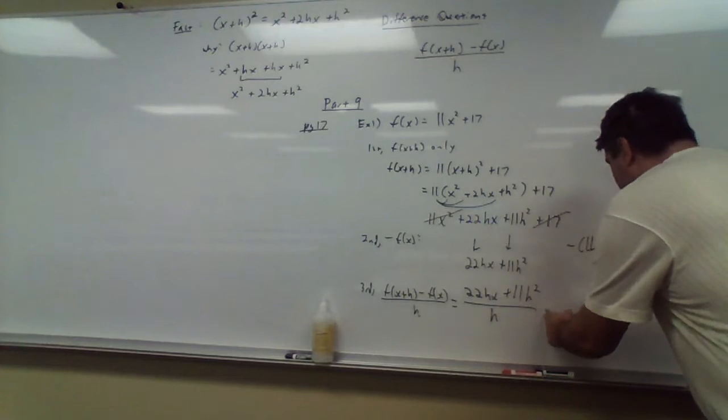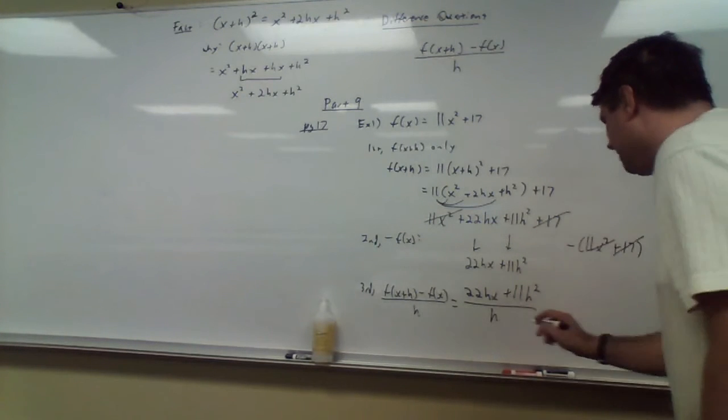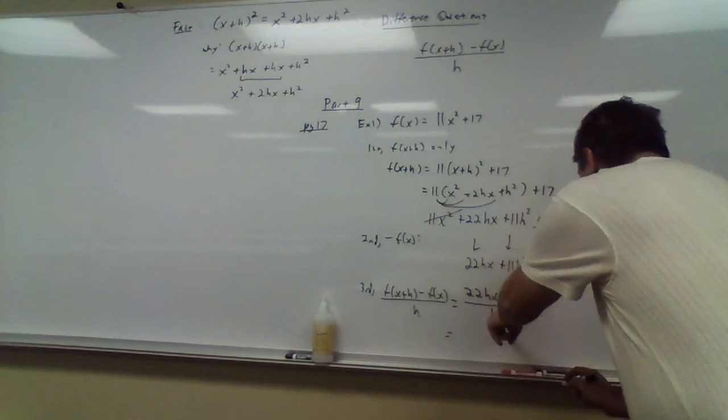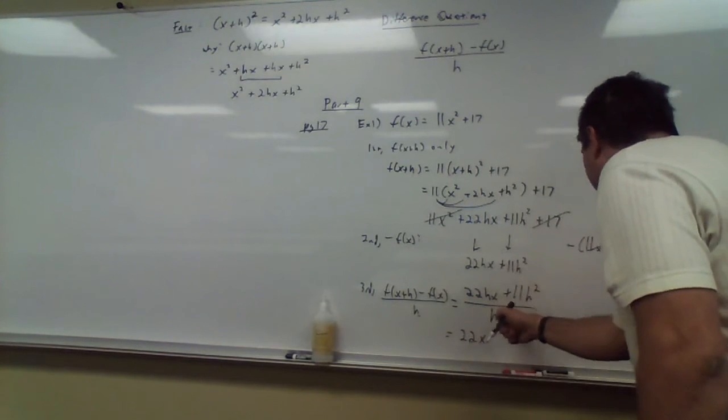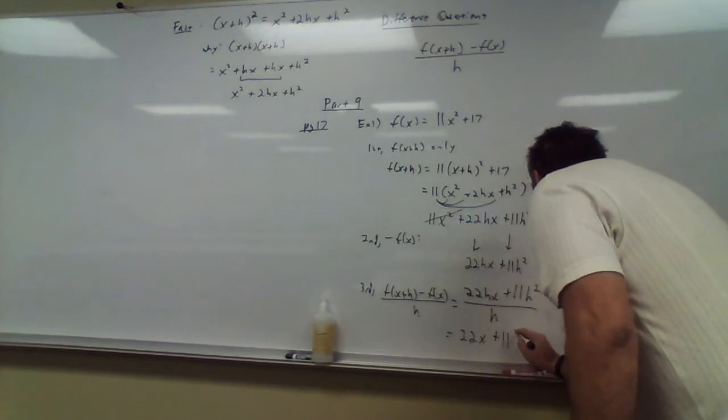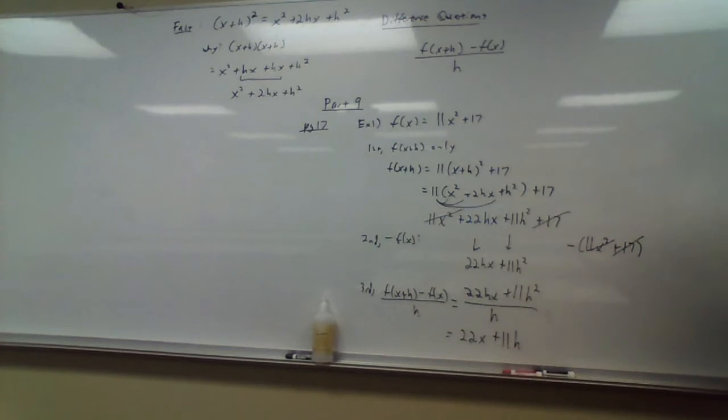And both of these h's are going to cancel. Okay? One go down a power. So that h will cancel, leaving 22x. And then 11h squared divided by h is going to be 11h. Okay?